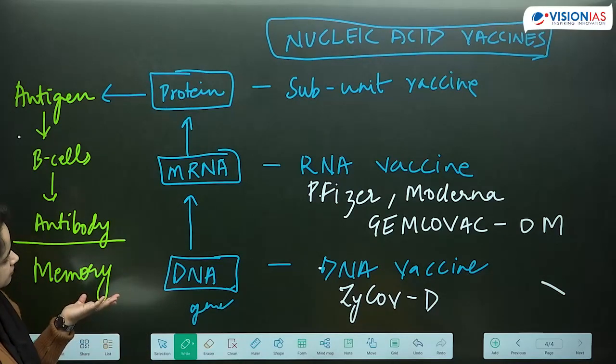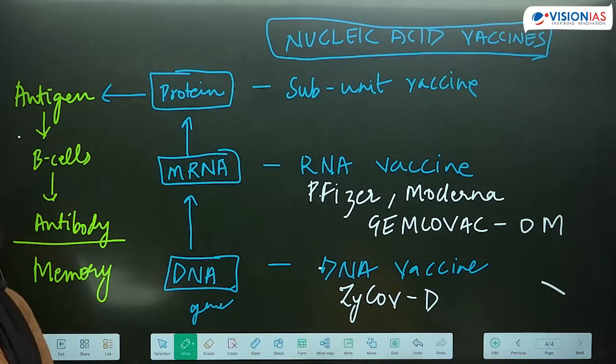And you can write examples: Pfizer and Moderna vaccine and Gemcovac made in India for Omicron virus.